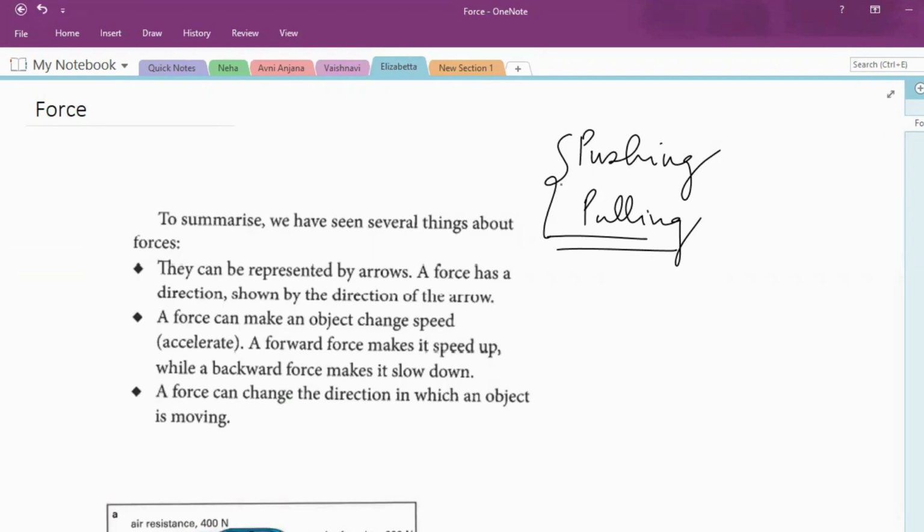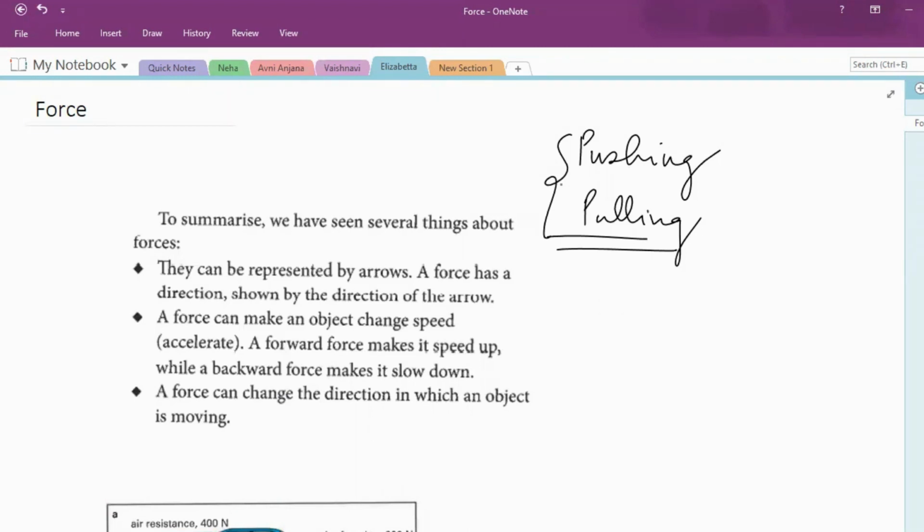For example, your table, where you've kept your laptop and everything, is at rest right now, right? Suppose if you push it, it'll start moving. If you pull it also, it'll move.